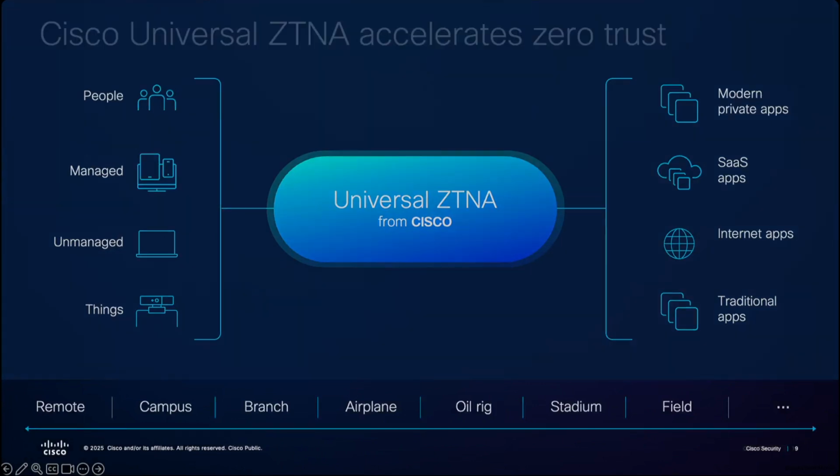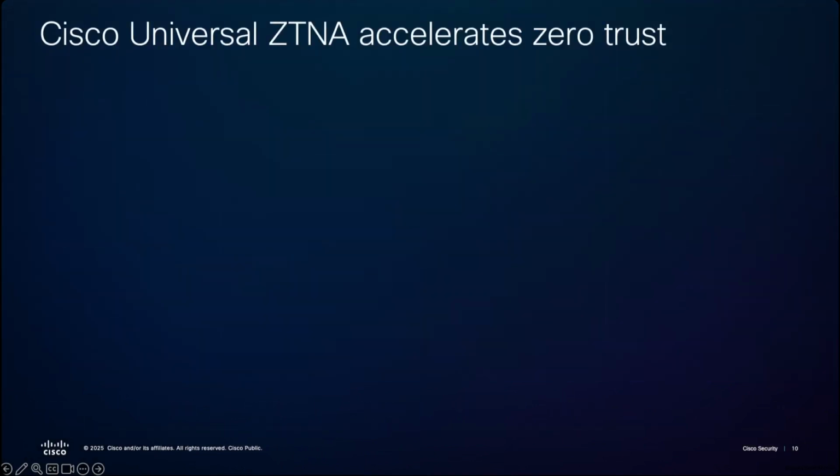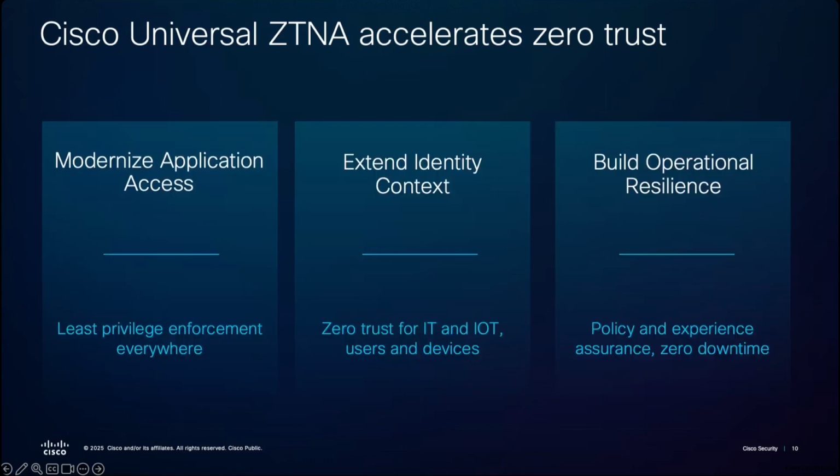If you want to think about three main outcomes or three main use cases that we look for with Cisco's Universal ZTNA approach, and how we're able to accelerate these outcomes, the first one is how we are able to help teams modernize application access by providing and expanding least privilege, which happens consistently everywhere, meaning every kind of application and every kind of user that we have out there.